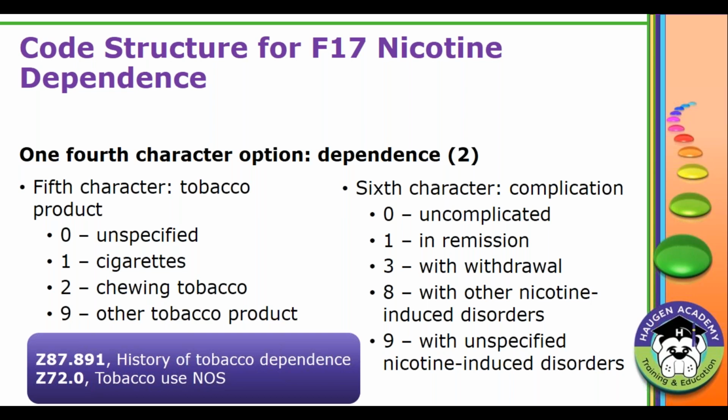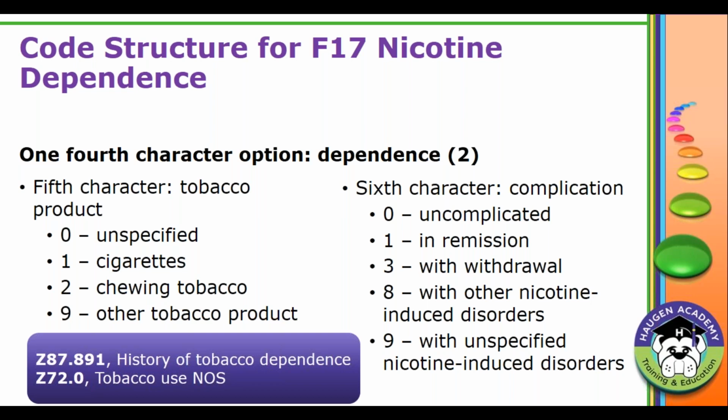So the fifth character is the tobacco product, and the sixth character is the complication. And there are different complications here. I think most often we're coding to the uncomplicated. The one I find interesting is there is an in remission, but there's also a history of smoking or history of tobacco dependence code.